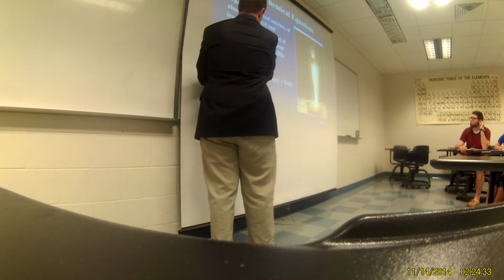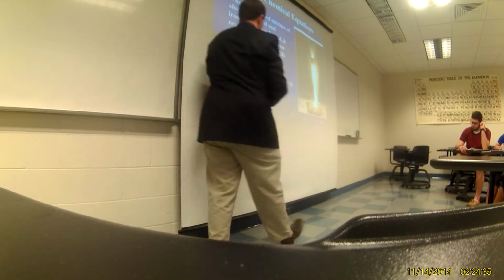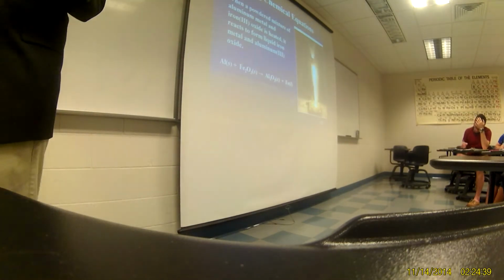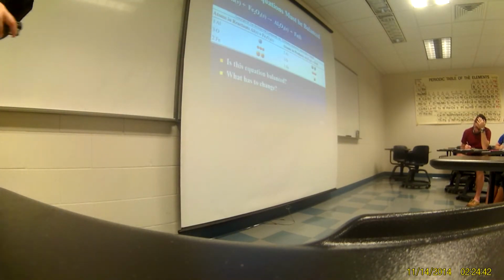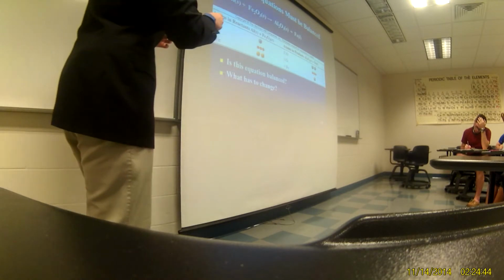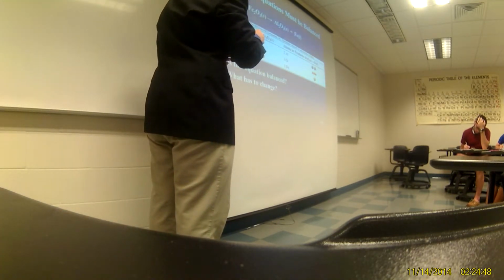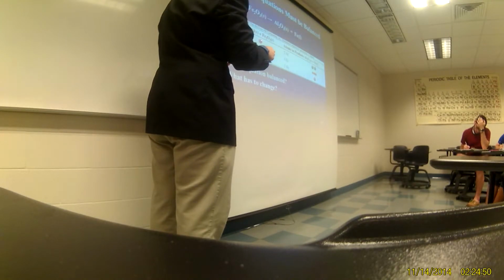These things react together to make those things. But it has to be balanced. So let's look at this. If we look at our formulas here, on the left we have 1 aluminum. On the right we have 2 irons and 3 oxygens.